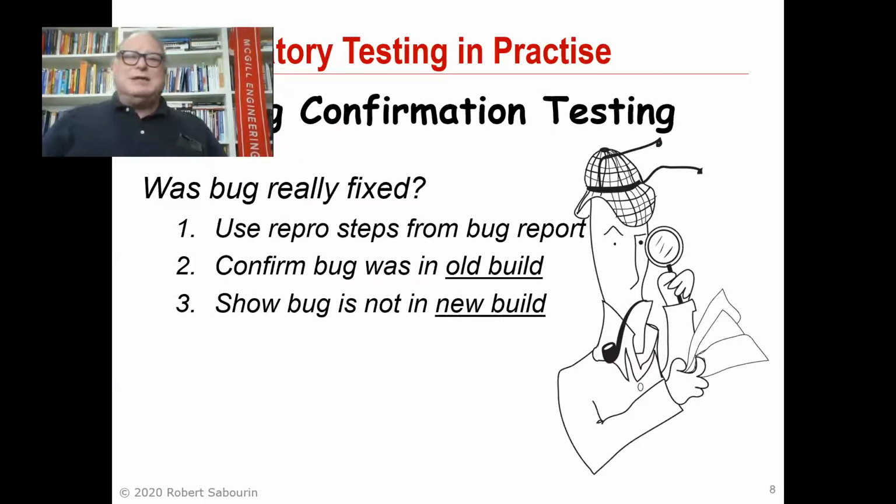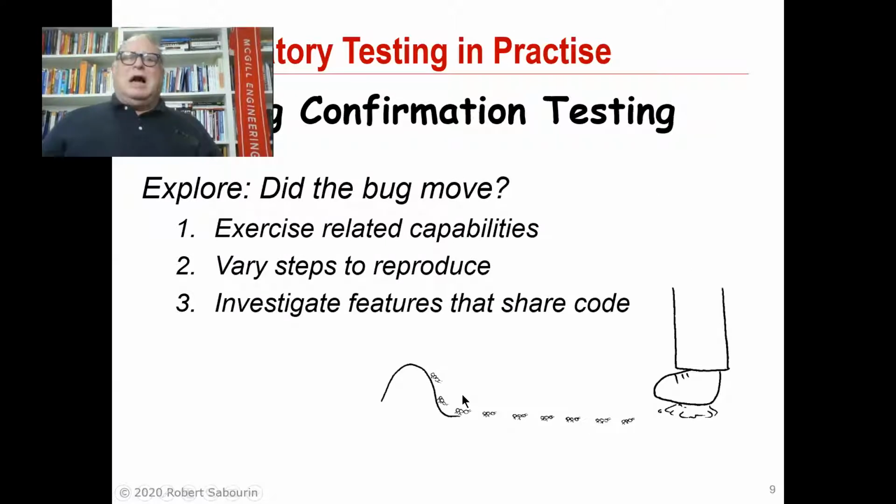So we've got to make sure that the bug was really there before, and then show that it's not there in the new build. So you have this sort of side-by-side testing approach where you demonstrate the bug was really in the old build, and then you take the new build and you show it's not there, side by side. So you have a very clean view that the bug is gone with this sort of approach.